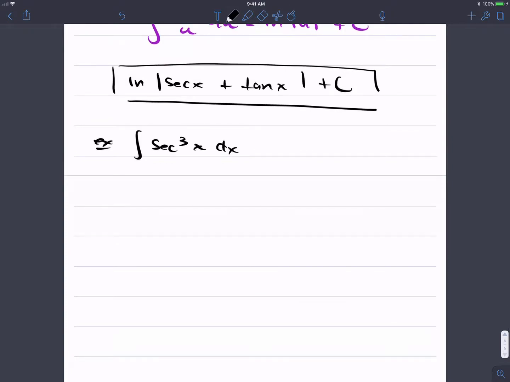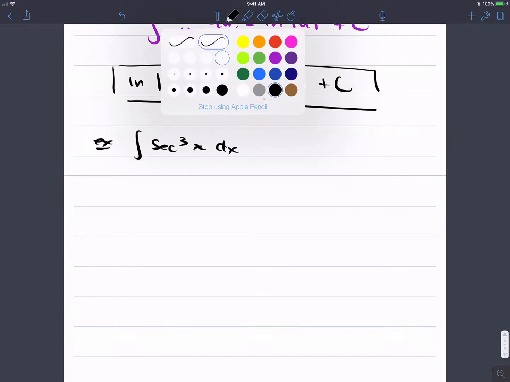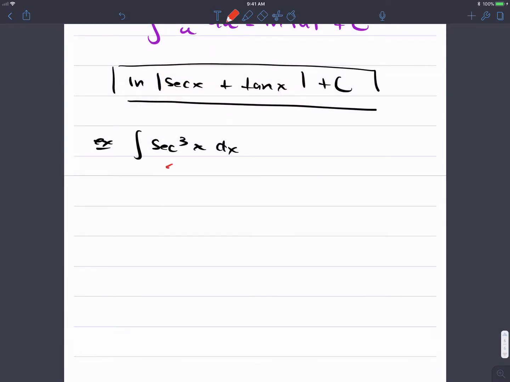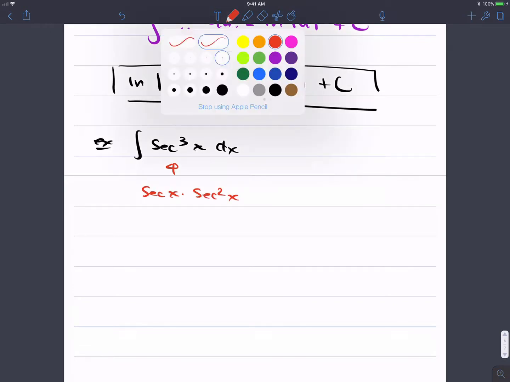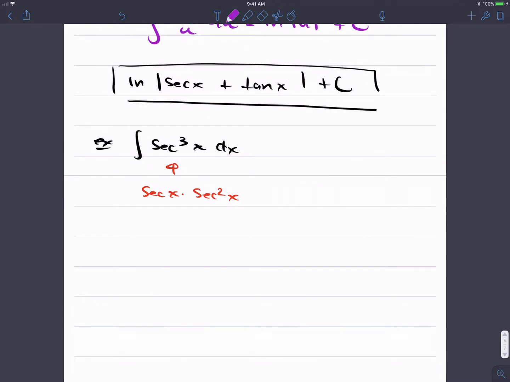Now, this is another integral we have to know. And let me show you how you go about this particular problem. We're going to look at the product here of secant times secant squared. So this integral really is going to become the integral of secant times secant squared dx.